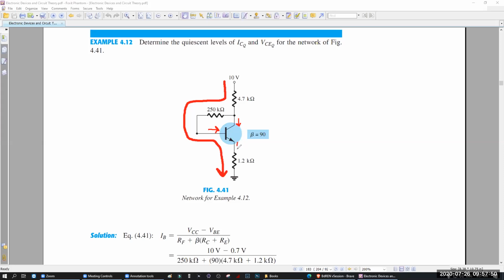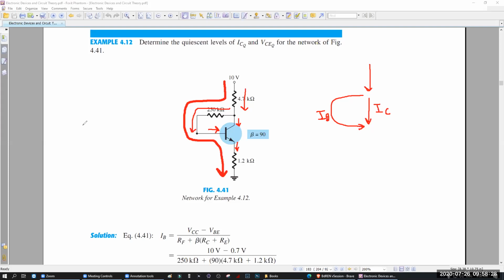Which one is IE? The lowest one. A current will come out from here, right? This current will come and divide into two parts. One current will be called IC, another current will be called IB. Can anyone say what is the name of this current?